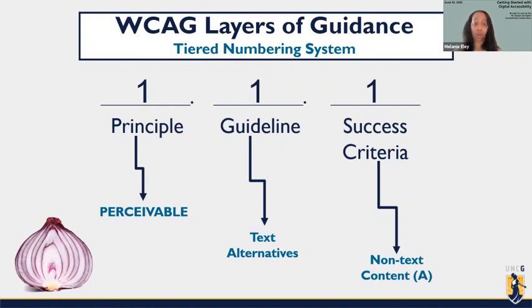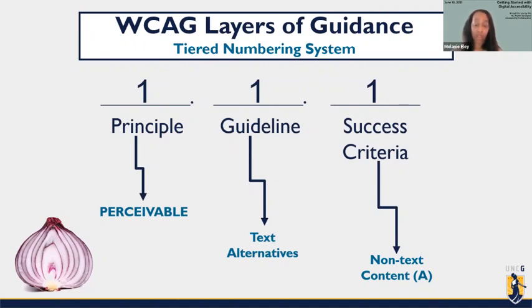If we're going back to our onion and layers analogy, when you look at the three-digit number here, that first 1, the first digit, represents the principle. In this case, the principle is the perceivable principle. The second digit is also a 1.